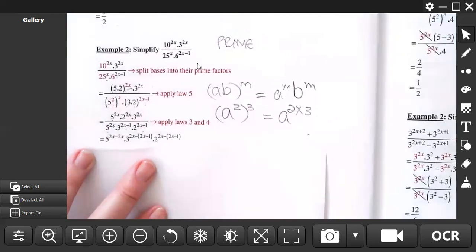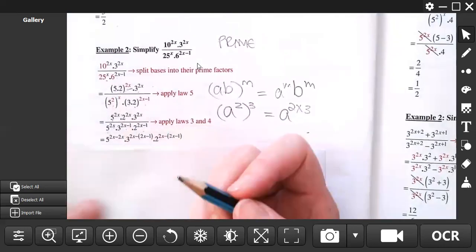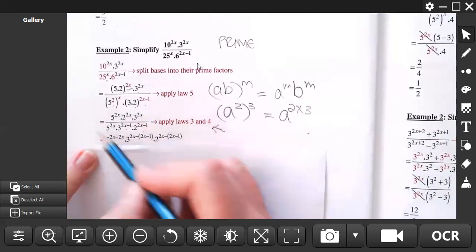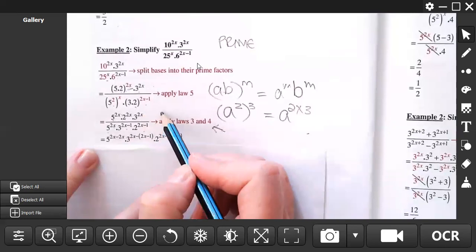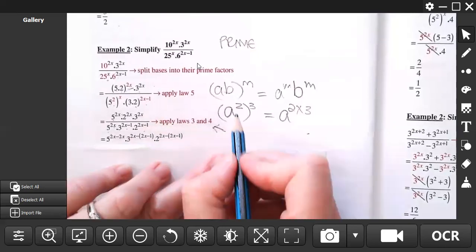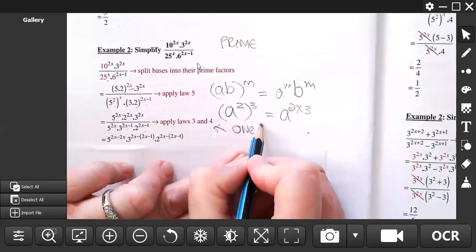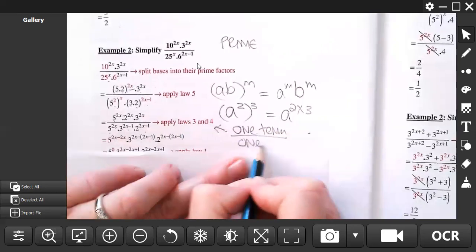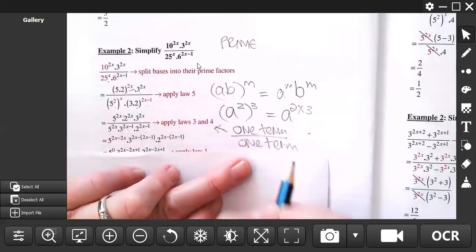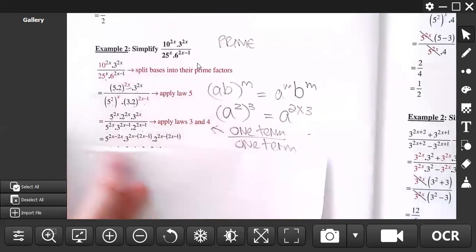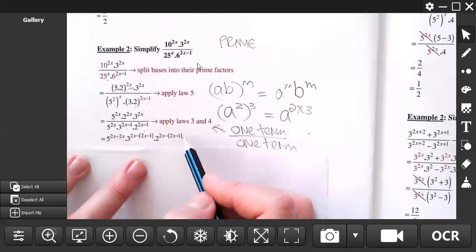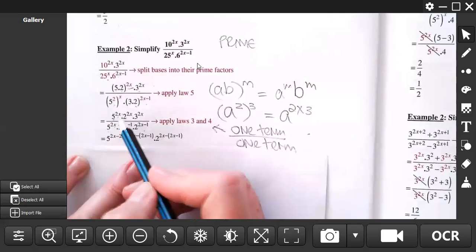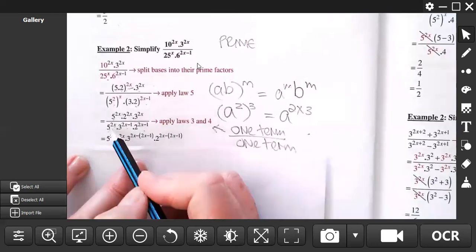But now, what is very important here is: if your fraction has one term in the numerator and one term in the denominator, then you may add or subtract the exponents. So let's write it down. For example, here you're going to say 5 to the power of 2x minus 2x.